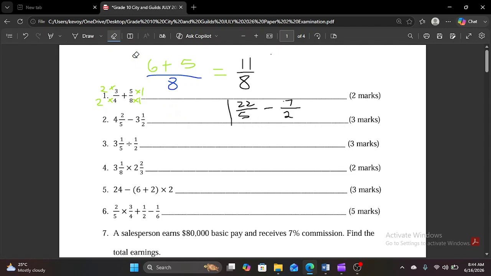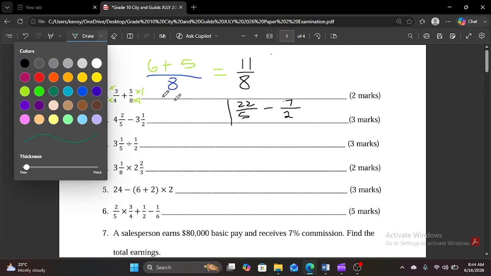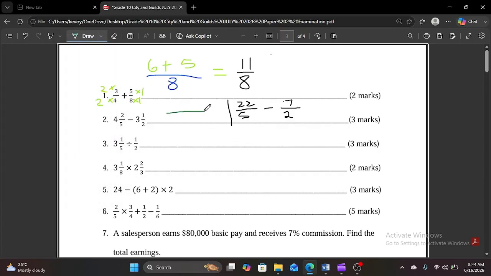We need to have our lowest common denominator. Our common denominator between 5 and 2 is going to be 10. Because if we multiply 5 by 2, you get 10, and if we multiply 2 by 5, you get 10. Anything you multiply at the bottom, you have to multiply at the top.